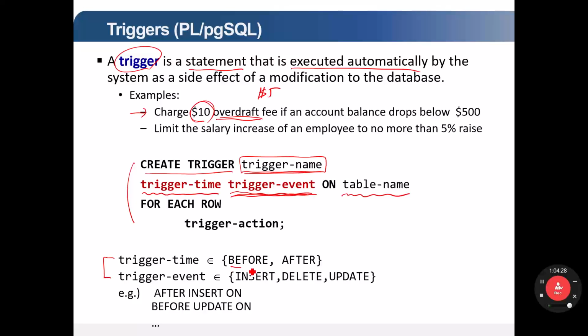Trigger time can be either before or after. Trigger event can be either insert, delete, or update. So suppose you created a trigger X, and the trigger should be called after insert on, let's say, student table. So this second line is written like this: after insert on student. Then, whenever someone inserts a new record into the student table, the following function will be executed.